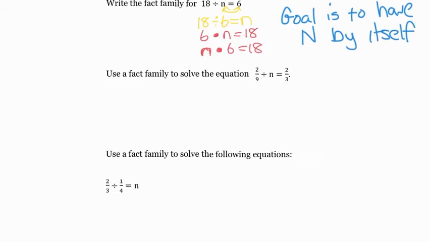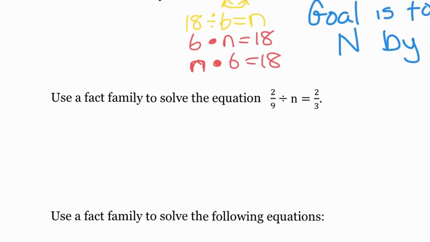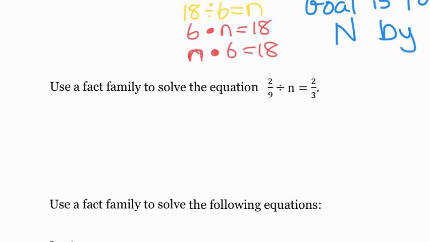Now let's look at one that we don't know off the top of our head, which is 2/9 divided by n equals 2/3. As I go through my fact families, you don't have to list them if you can pull it off the top of your head. I'm first going to keep my division and flip these two.